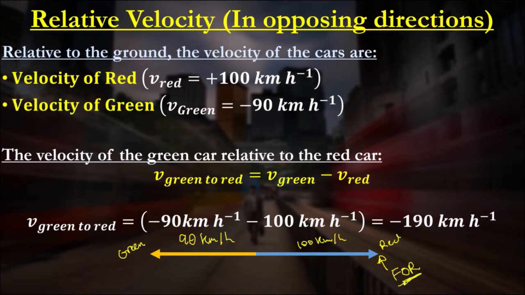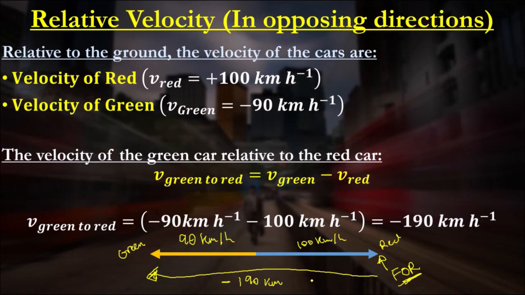If I stop everything after 1 hour and have a look back, the green car would have appeared to have gone 190 kilometers in that particular direction. Let's call that the negative direction because that's what we set up here. And so that's how we work out the relative velocity of the green car relative to the red car.